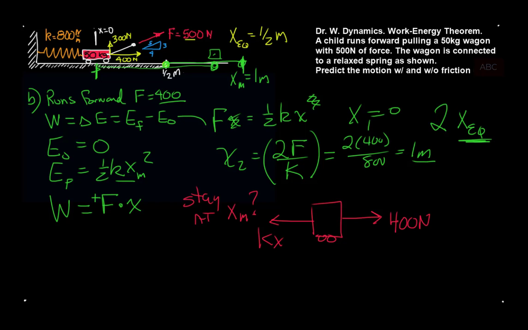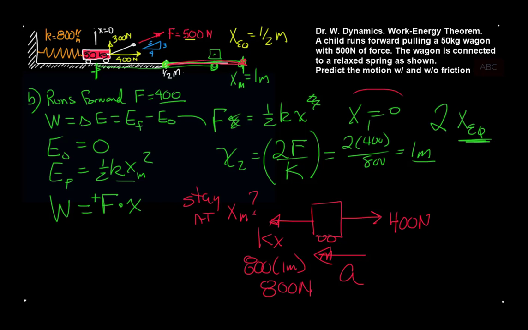It would be kx, and that would be 800 times 1 meter. So we have 800 newtons acting in the reverse direction. The boy is going to be pulled back very rapidly with a large acceleration. So the boy is going to move out to here and will not be able to stay there. He'll reach that point and then it's snapped back.